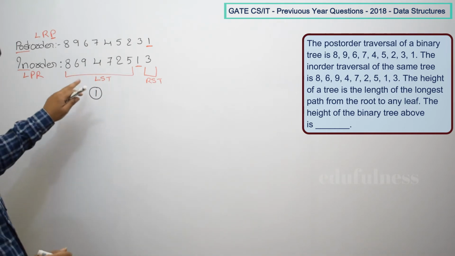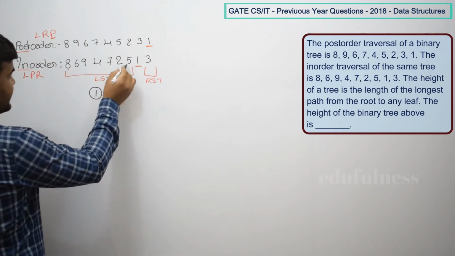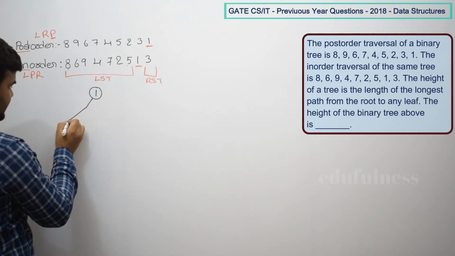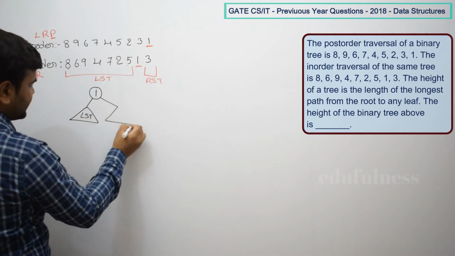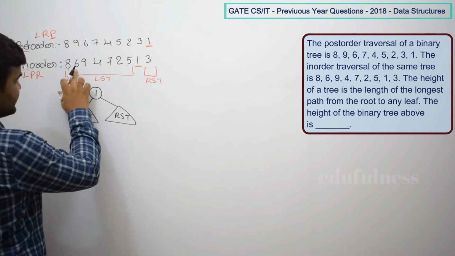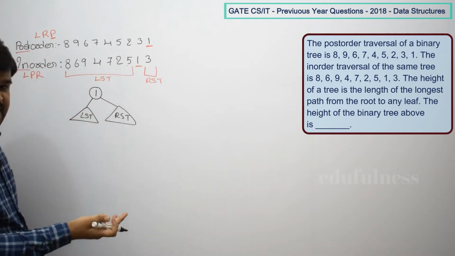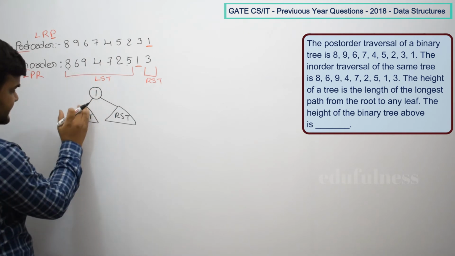Now from this, what is our understanding? These vertices are in the left subtree, and these vertices are in the right subtree. These are the left subtree vertices, and this is the in order of the left subtree.